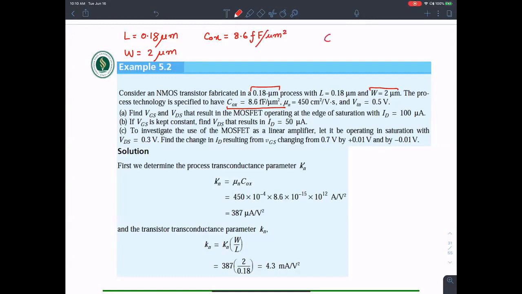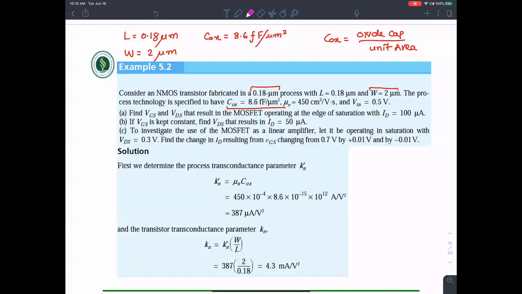Remember the C oxide? C oxide is oxide capacitance per unit area of the gate. You can go back and see that that is the definition I gave for C oxide. This kind of relationship bears out in the units: there is capacitance per unit area.